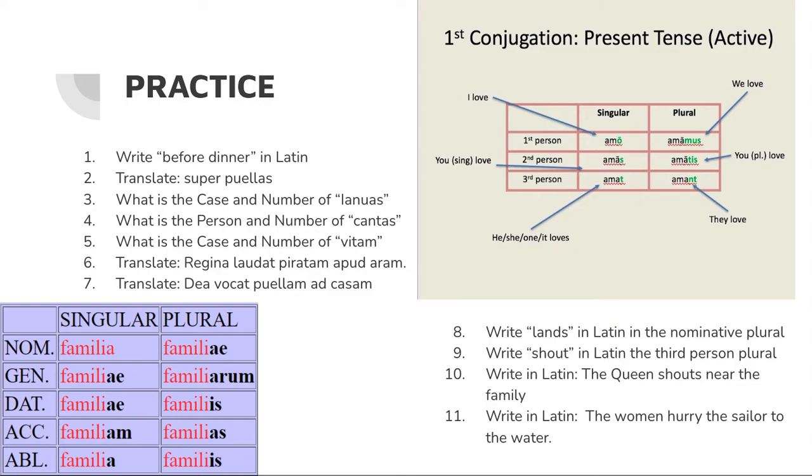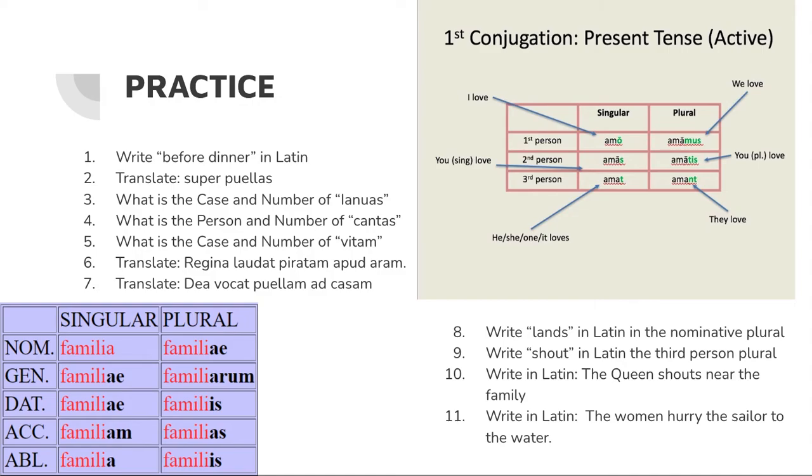Number 10, write in Latin the queen shouts near the family. So this is a little different from before, as it says near the family. So the queen shouts. Let's practice this again. The queen is Regina, shouts. So now we have to make shouts, clamo, into the third person singular. So it'll be clamat, Regina clamat. So what is near? Near, if we look at our prepositions, can either be prope or apud. But since we used apud already, let's do prope.